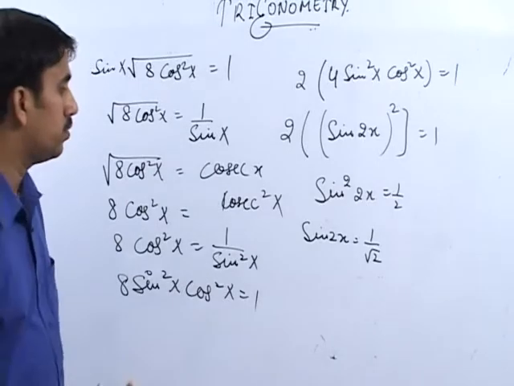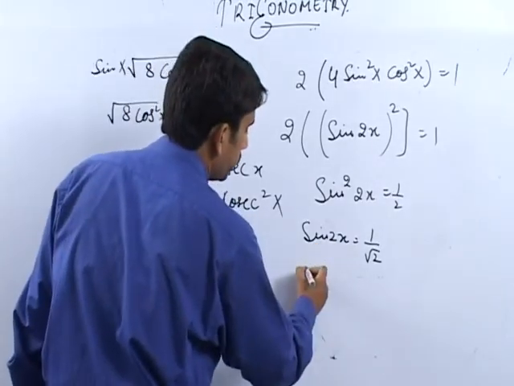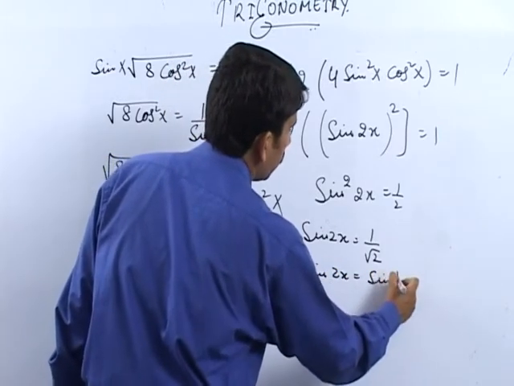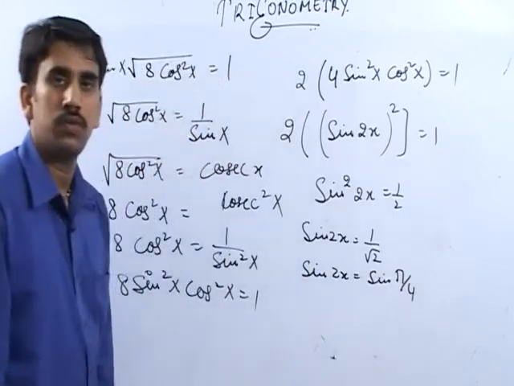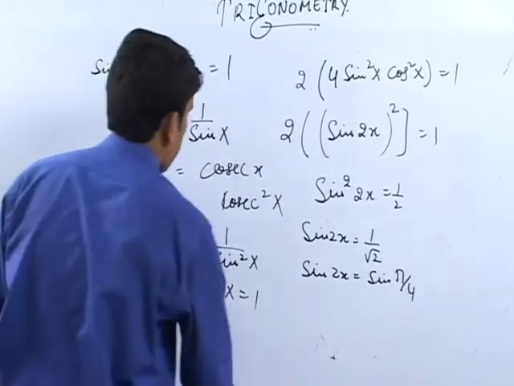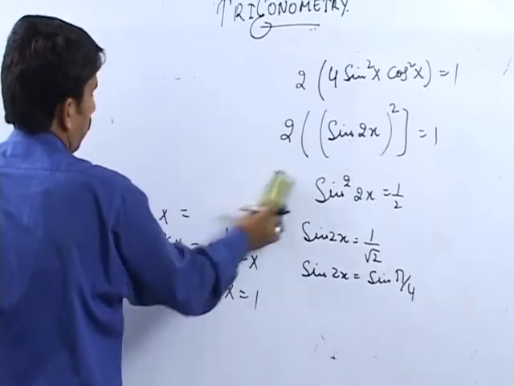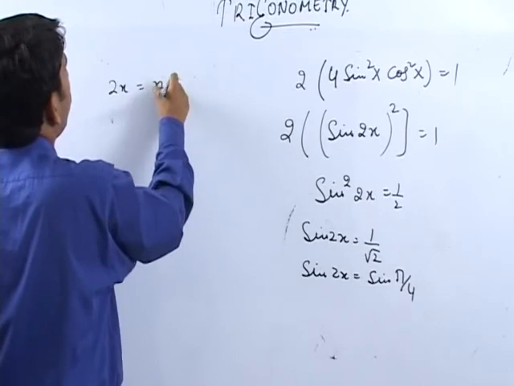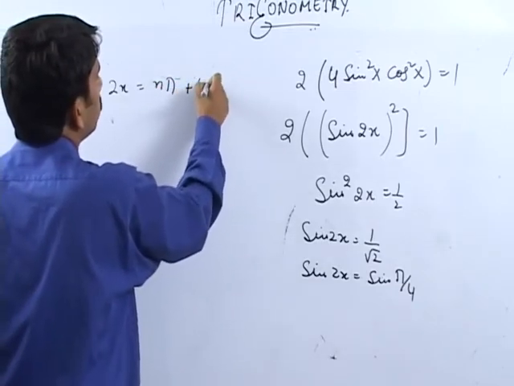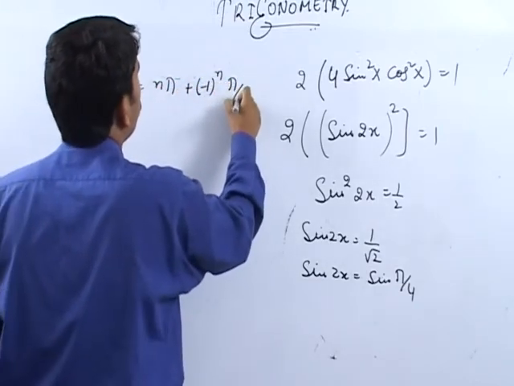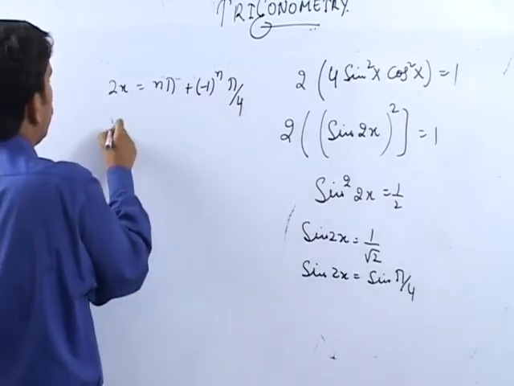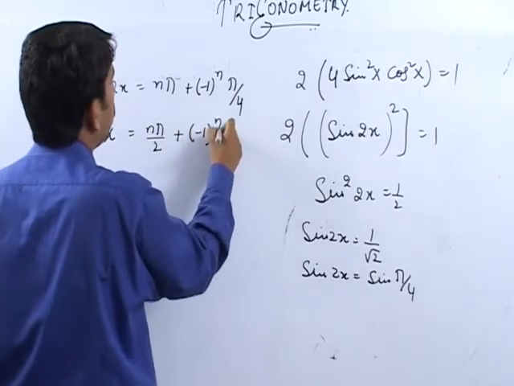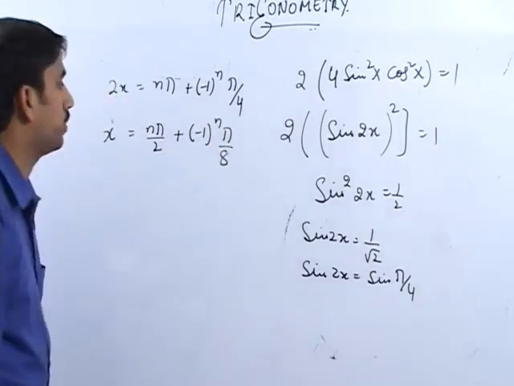Now this will be the value when sin 2x is equal to sin of pi by 4. That means this is 2x is equal to n pi plus minus 1 raised to n pi by 4, and this will be x is equal to n pi by 2 plus minus 1 raised to n pi by 8.